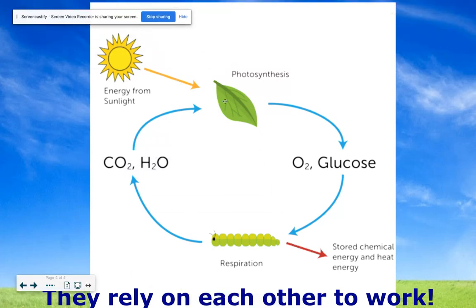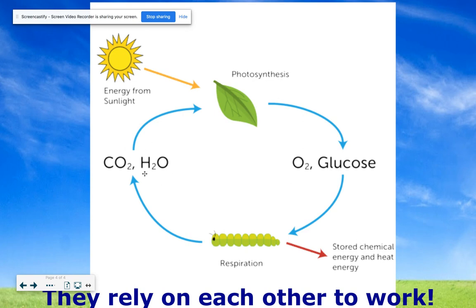For photosynthesis, you put in carbon dioxide and water and some sunlight, and we get out oxygen and glucose. But those products of photosynthesis are also the reactants of cellular respiration. So we need oxygen and glucose to come in for us to then produce carbon dioxide and water.